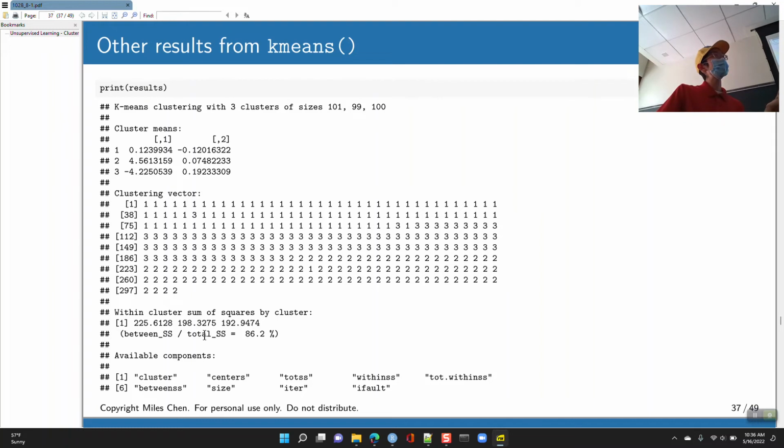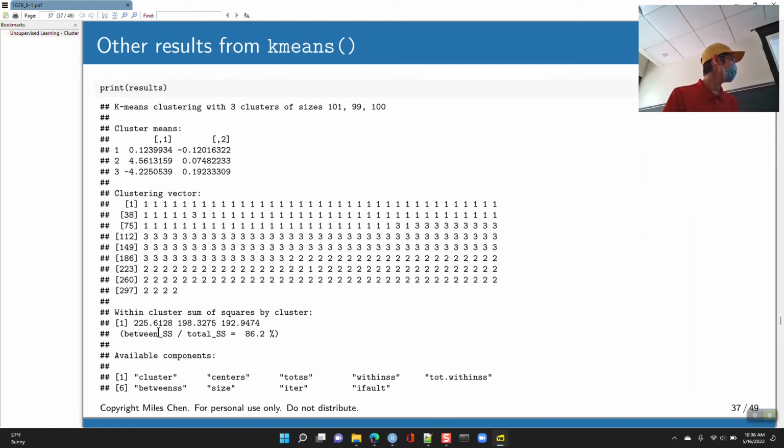It's kind of like in ANOVA, you guys took 101B, right? In ANOVA you have the between sum of squares and within sum of squares, or total sum of squares and between sum of squares, right? For ANOVA it's 1-dimensional, but you have the sum of squares to the means of each group compared to the total sum of squares, which is basically your variance multiplied by n minus 1.